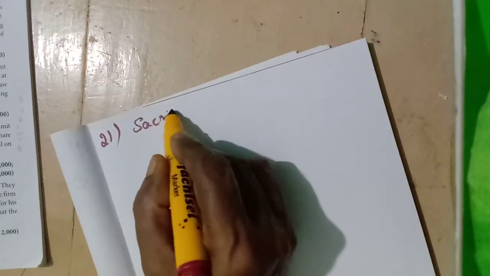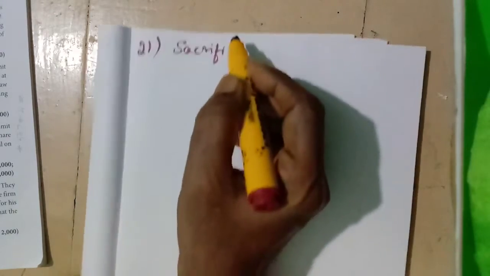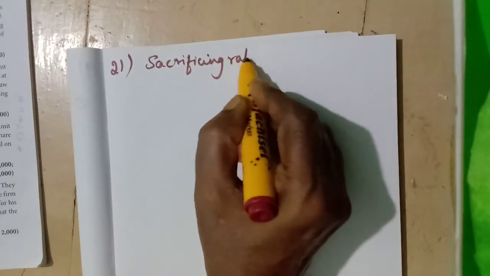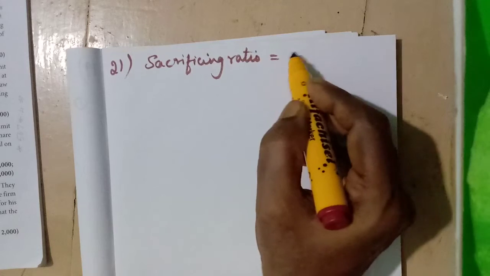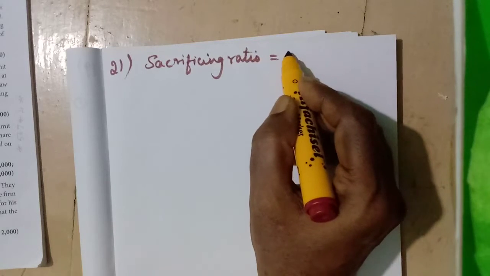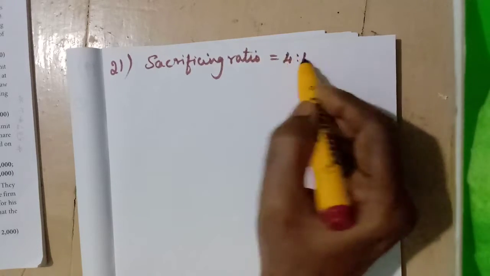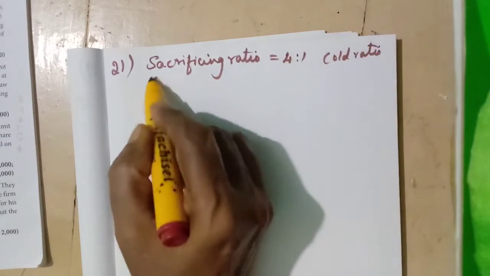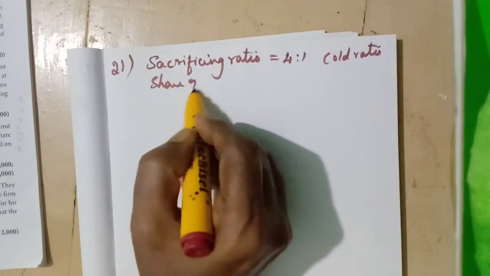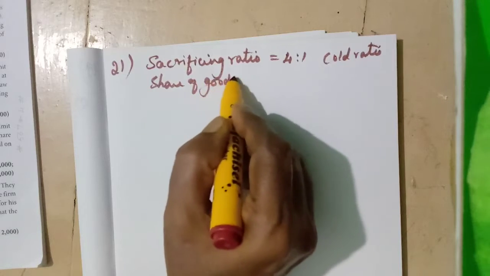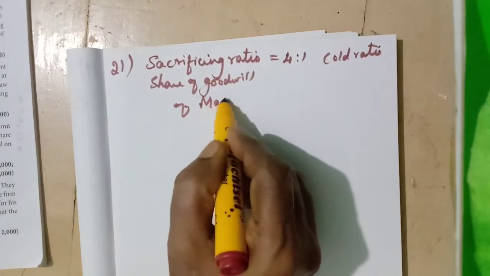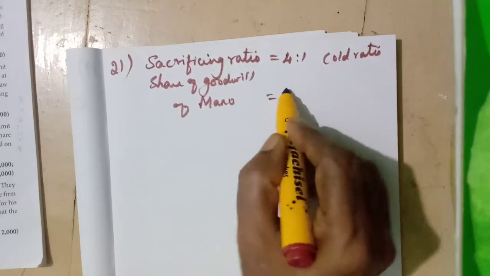First, sacrificing ratio is equal to 4:1. That is the old ratio. Then share of goodwill of Manu, that's the new partner.